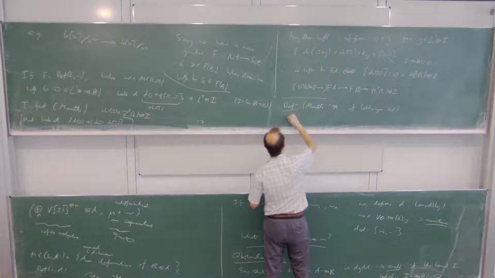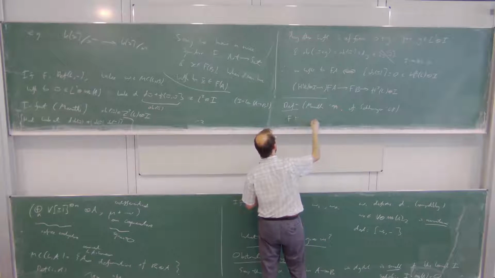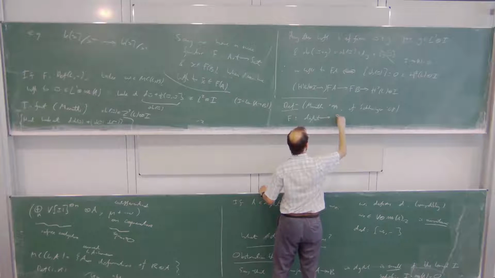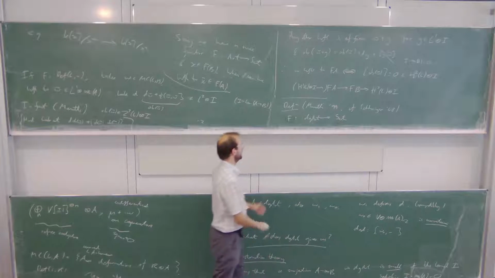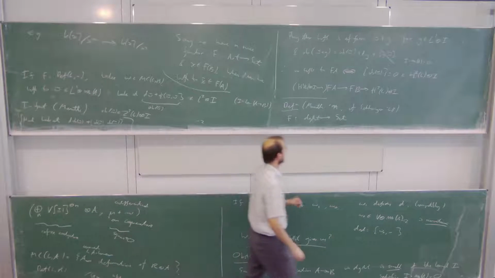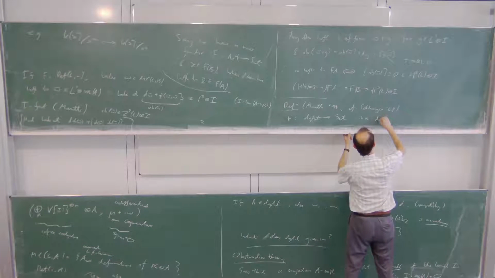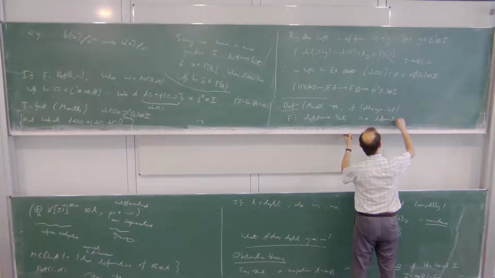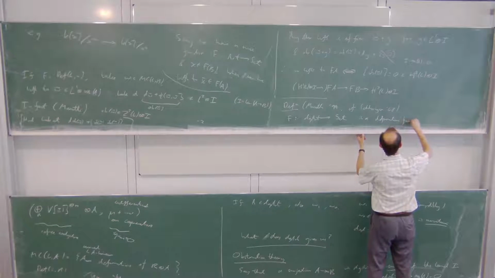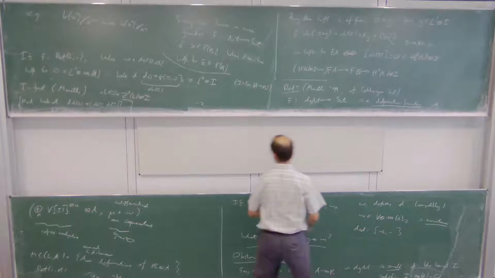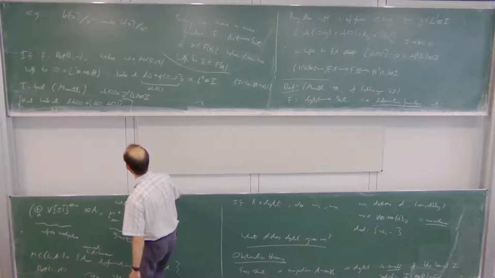So we say that F, from local DG Artinian rings to sets, is a deformation functor if it satisfies the following conditions.